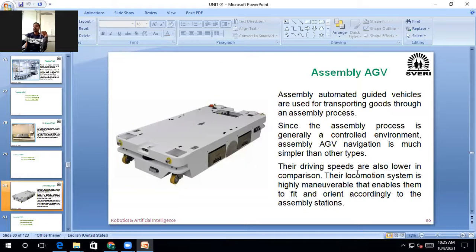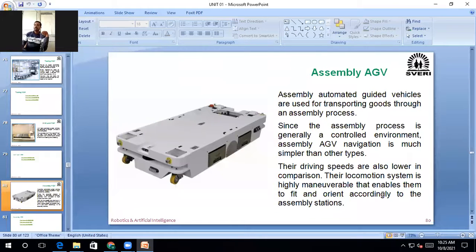Their driving speed is also lower in comparison. Their locomotion system is highly maneuverable, which enables them to lift and orient accordingly to the assembly station. These are the AGVs specially used for assembly, and their movement is very slow.